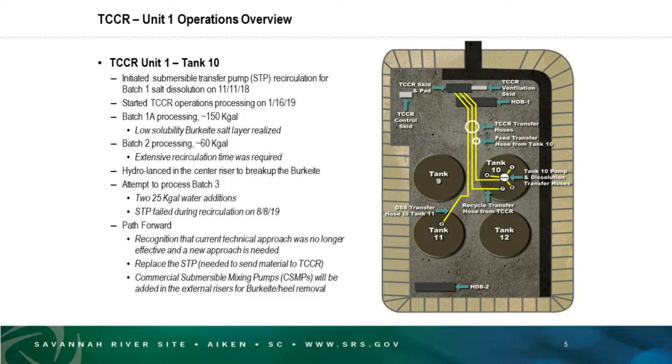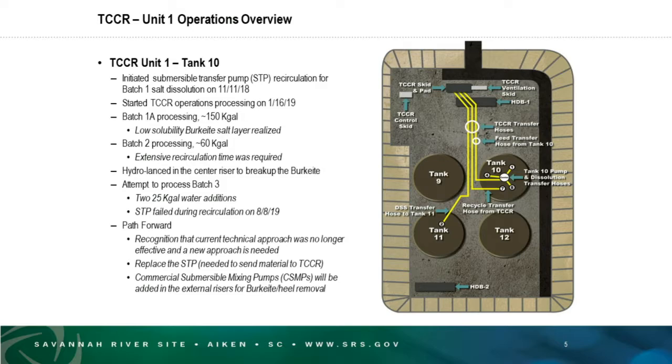So we're using this recirculating transfer pump that Jeff pointed out to do both salt dissolution and feeding ticker. There's a lot of business going on in this one tank. We both dissolve, we qualify ticker batches, and we feed ticker.